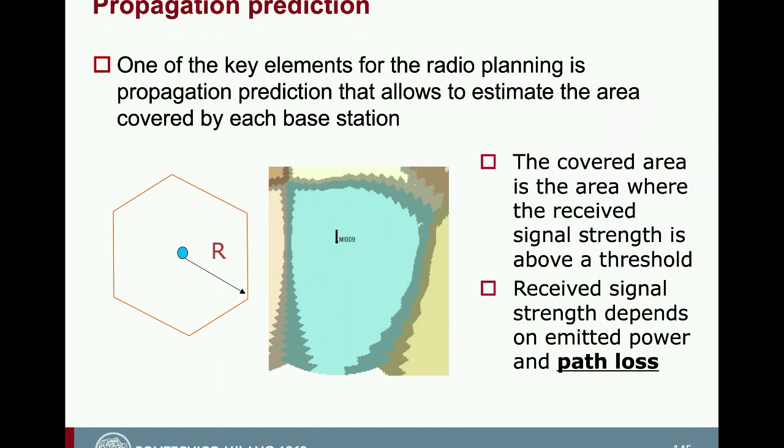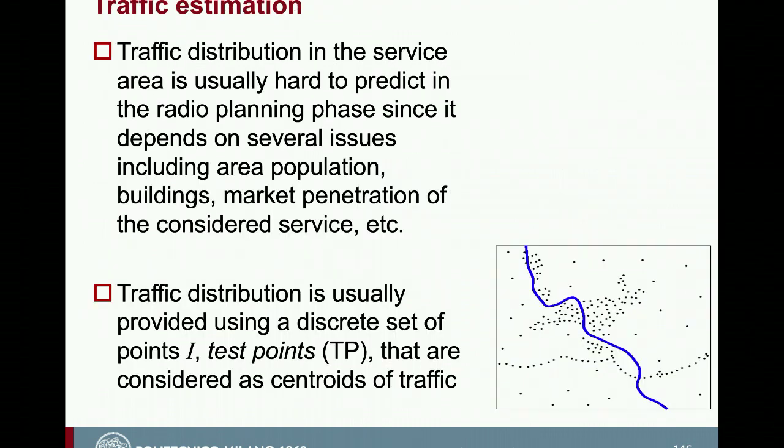The received signal strength depends on the path loss between the transmitter and the receiver, and of course the interference, which depends on the other transmitters using the same spectrum portions.